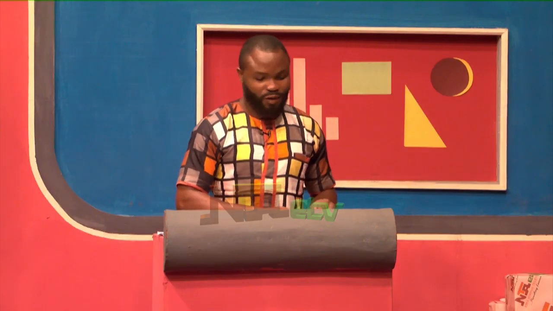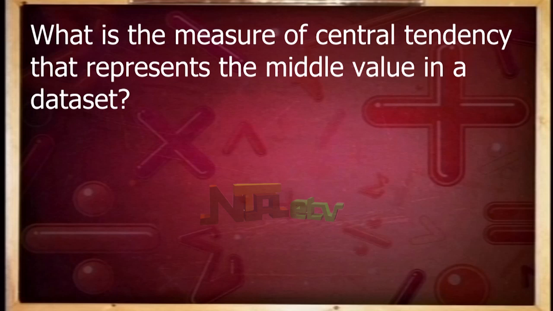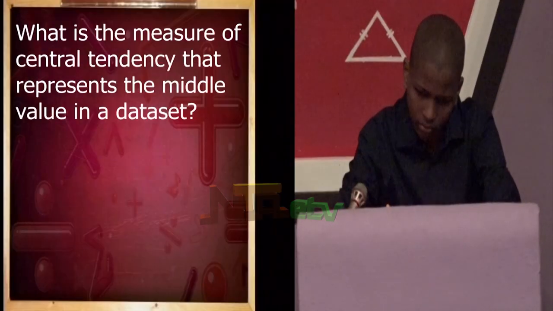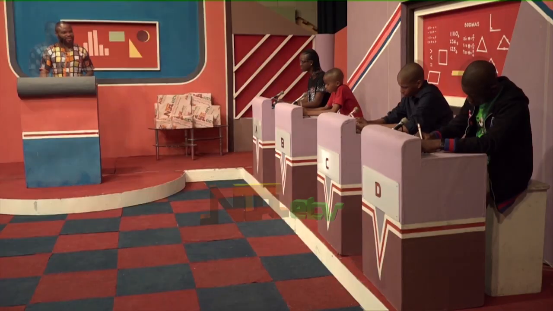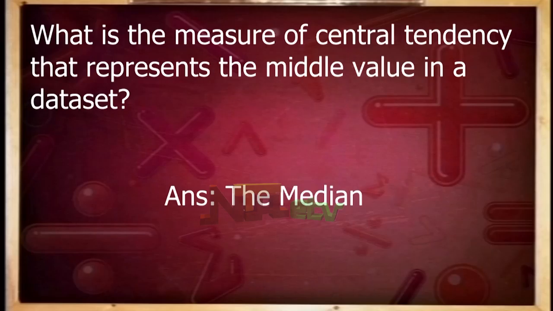Contestant C, your question. Question 10. So what is a measure of central tendency that represents the middle value in a data set? And your time is up. Contestant A, you want to try? Median. The median, that is correct.